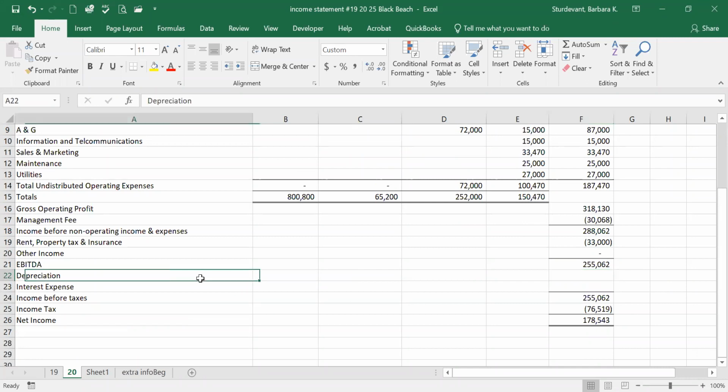So in this case, instead of just being depreciation, it's depreciation and amortization. Oh my goodness gracious.